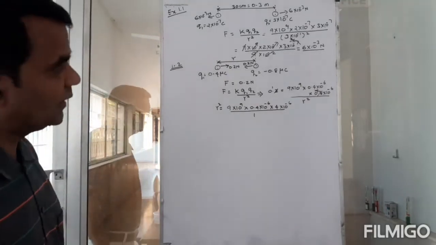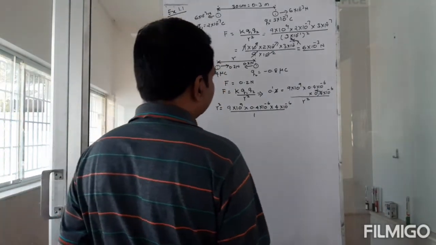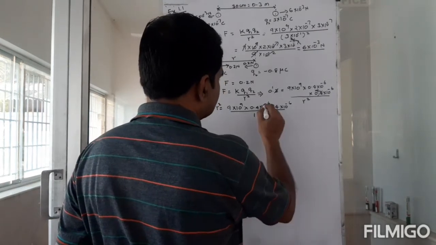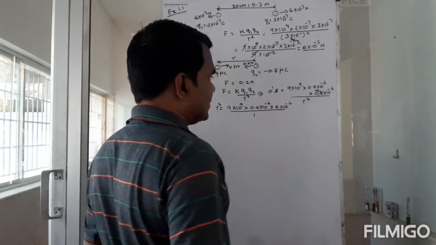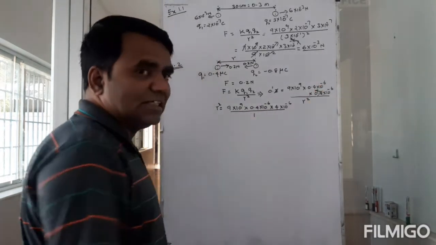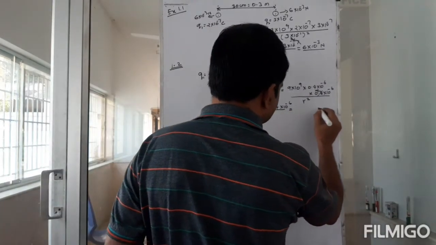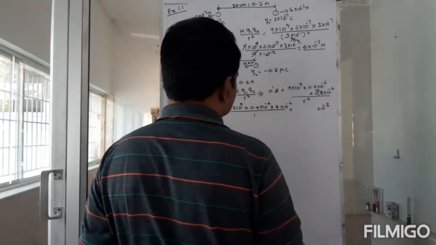That's math. Okay, let's see. So what does this do? So this is minus 12 and this is 9. So 10 power minus 3 is what you get. Then 10 power minus 3 into 10 power minus 3.